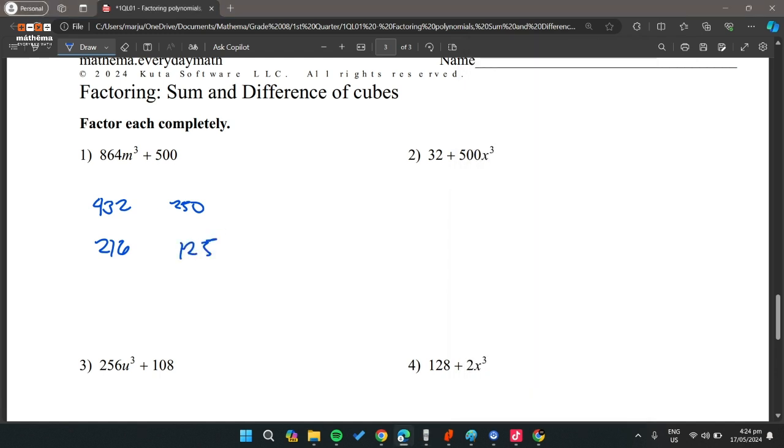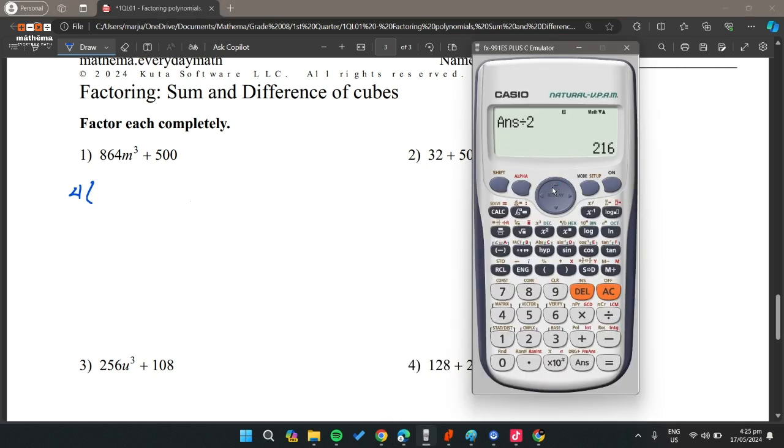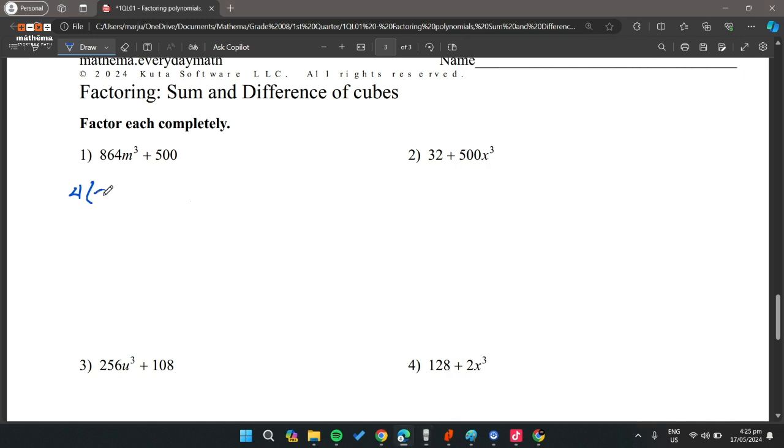Now, so basically, we can do it this way. Let me just erase this. So we can actually factor out 4 first, alright? So if we factor out 4, we know that this is now, what was the number again? I forgot. That's 216. So we have 216 m cubed plus 125.